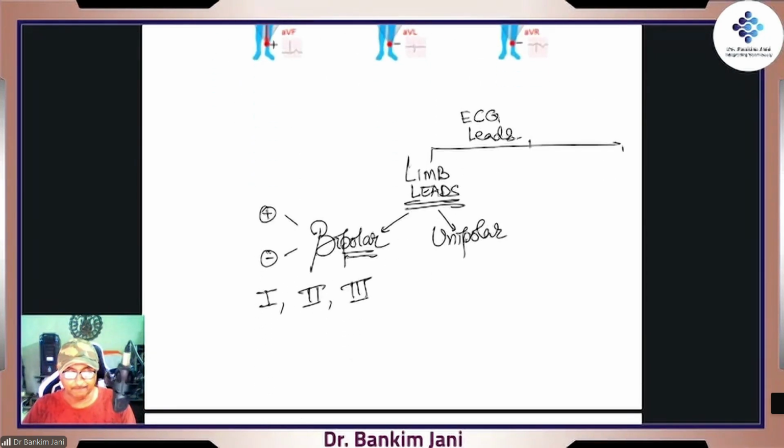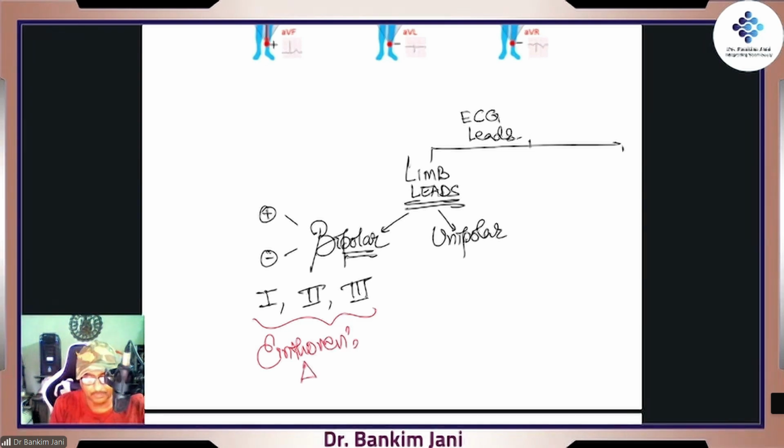So there was lead 1, lead 2, lead 3, which is leading to the formation of Einthoven's triangle. The next type of leads, you see there are limb leads and there would be the chest leads. Chest leads we will be touching at last.